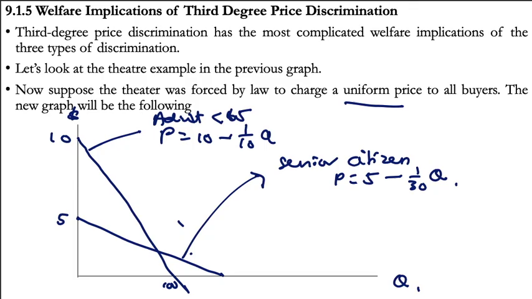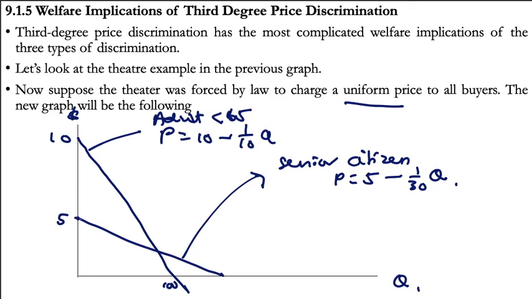As you can see here, for practicality, in this segment of price between 10 and 5, the demand that is applicable is only the demand for adults less than 65 years old, until the price equals 5. Do you get me?